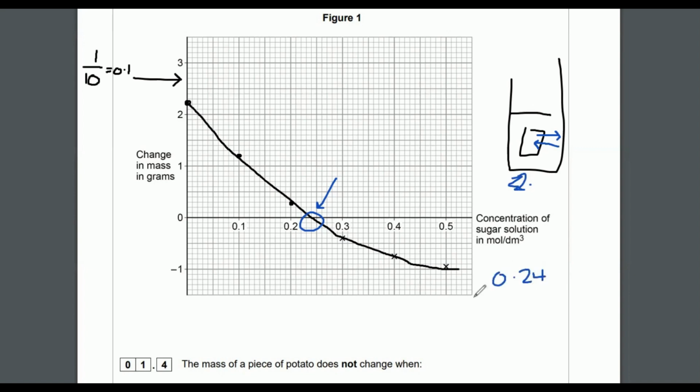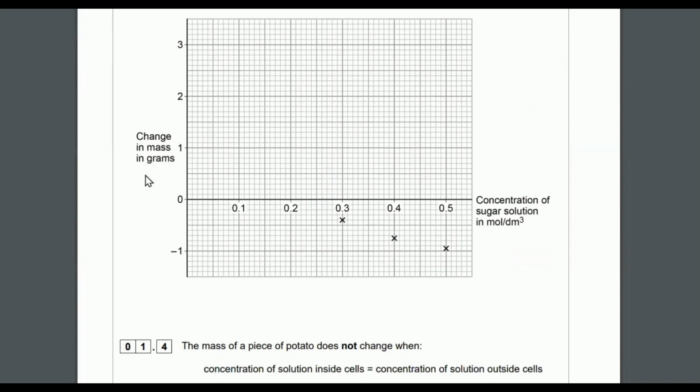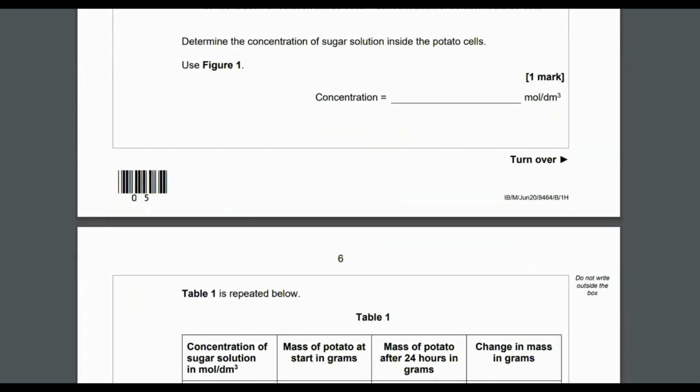And that's my predicted concentration of the potato. It's wherever the line crosses the concentration line. Okay, let's move on. So once again, my answer for this would be 0.24.